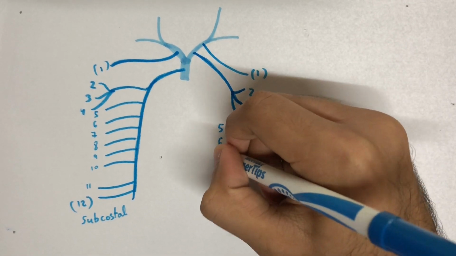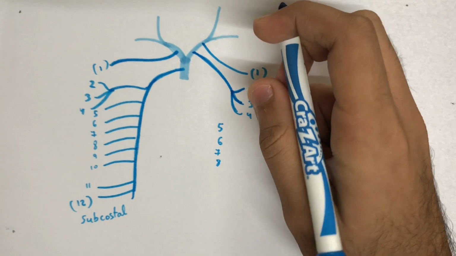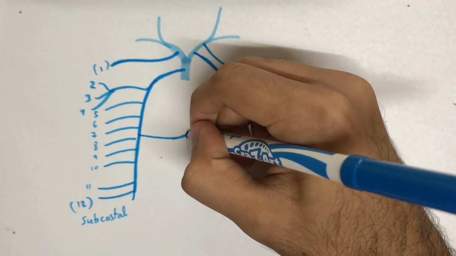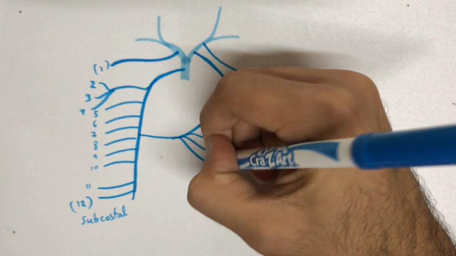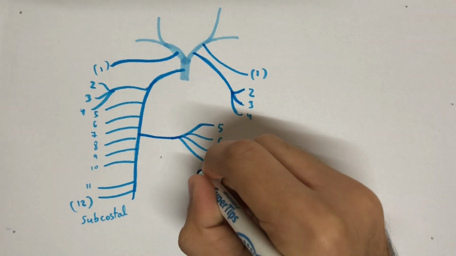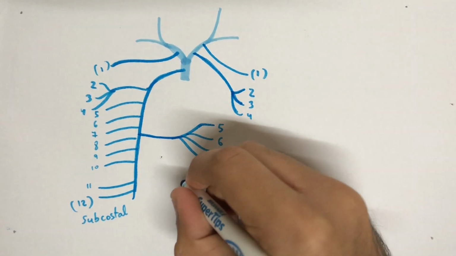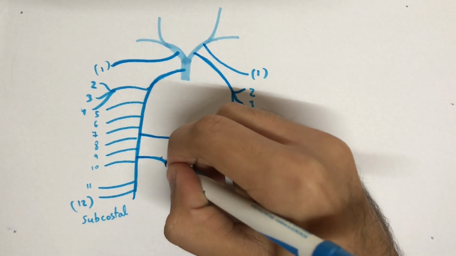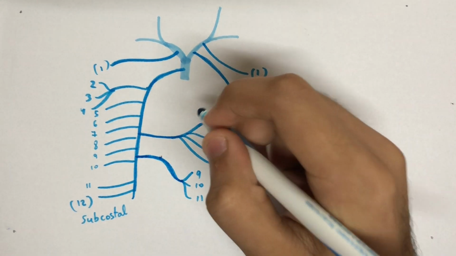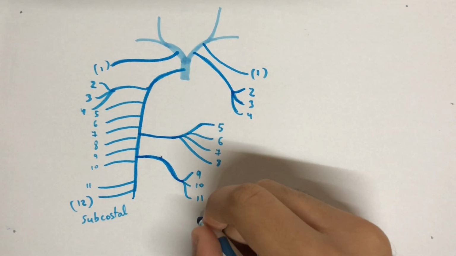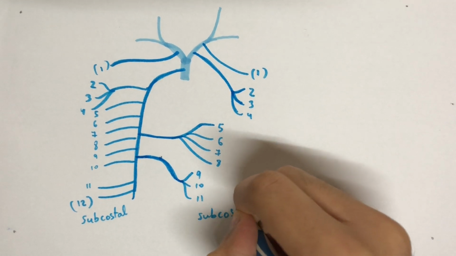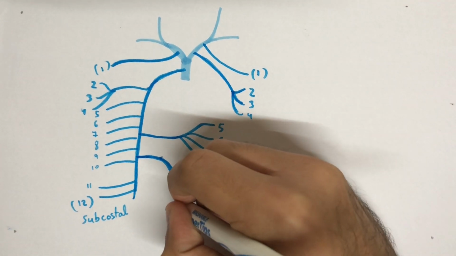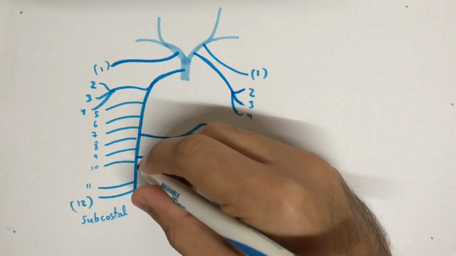Fifth, sixth, seventh, and eighth intercostal veins will form the accessory hemiazygous vein, while the 9th, 10th, and 11th together form the hemiazygous vein. The subcostal vein may drain alongside the hemiazygous vein or directly into the azygous venous system.